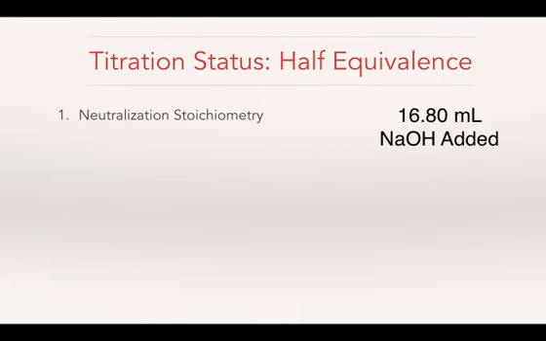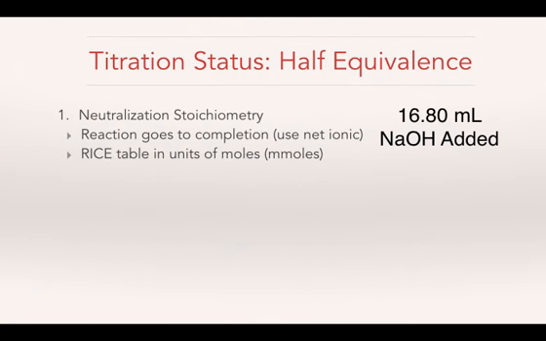If we continue to add our sodium hydroxide, we are eventually going to reach a special point in our titration of a weak acid with strong base, and that is the half equivalence. The process that we would use to do our calculations here is essentially the same. We're going to look at our reaction, assume that it is going to go to completion, set up a RICE table, and do the calculations in millimoles.